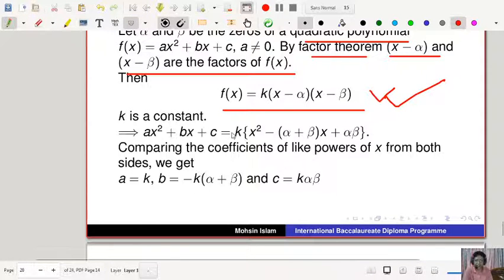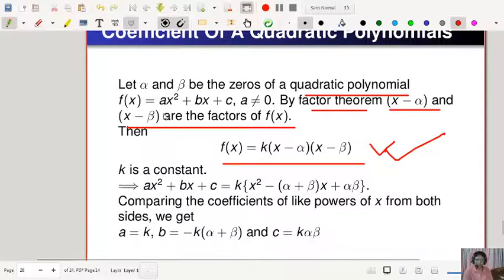k is a constant. So what was your f(x)? f(x) is ax square plus bx plus c.